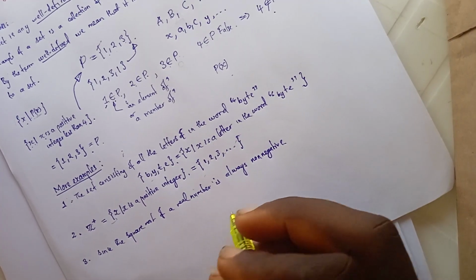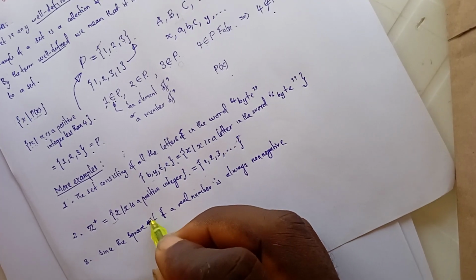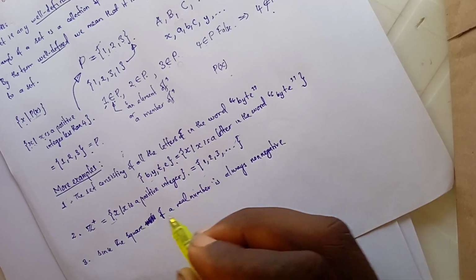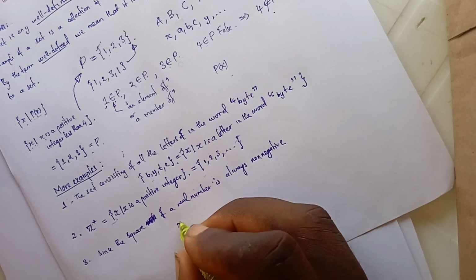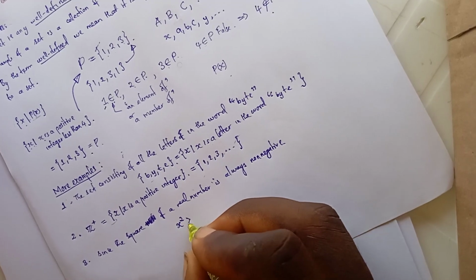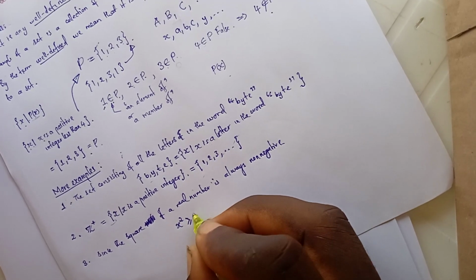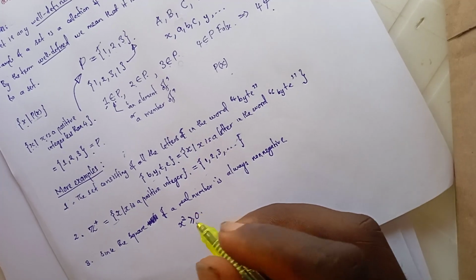It's a very wrong statement. Since the square of a real number is always non-negative, that is something like x squared, it has to be greater than or equal to 0. So it's always non-negative.